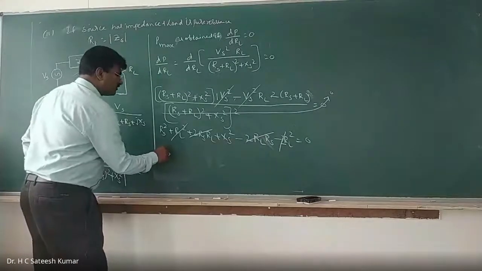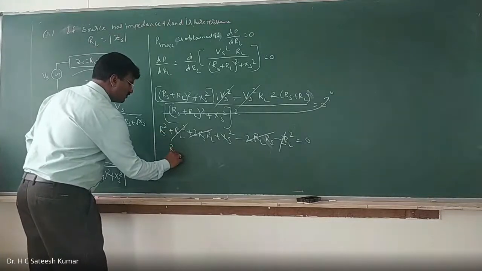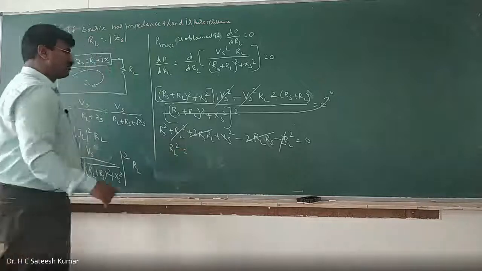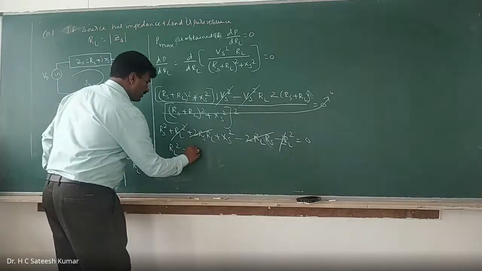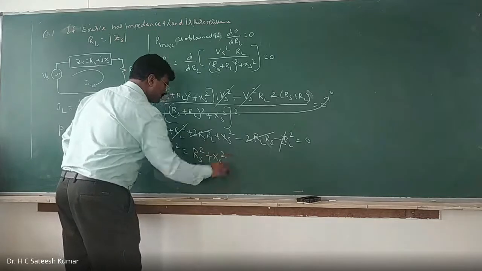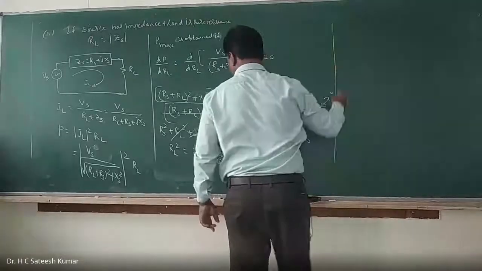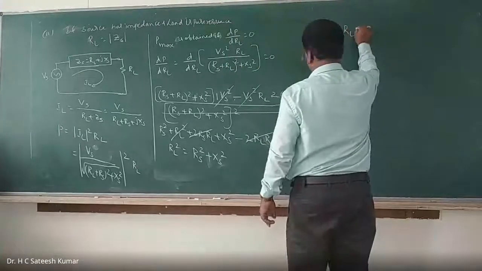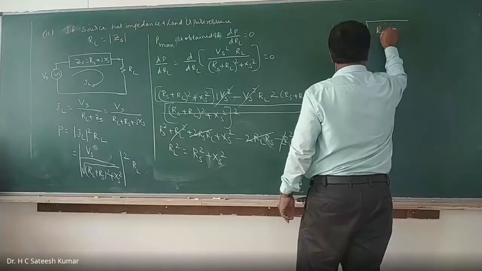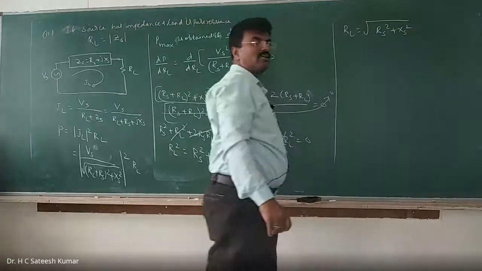Transfer RL² to the right hand side: RL² is equal to RS² + XS². So therefore, RL is equal to the square root of RS² + XS².